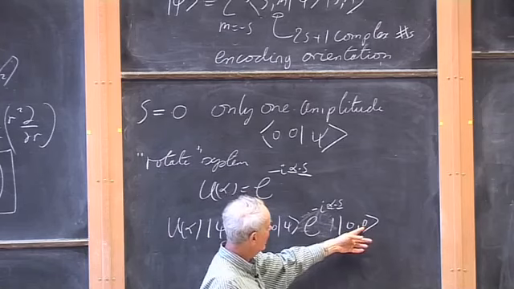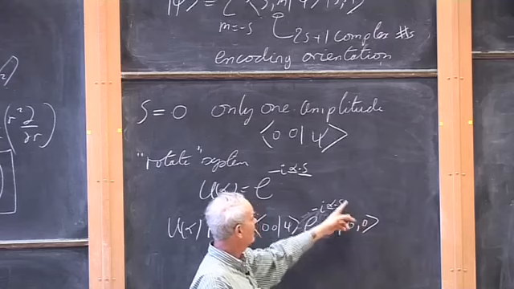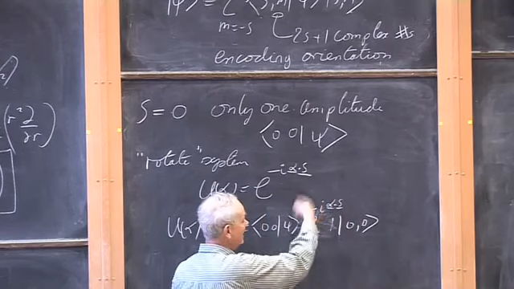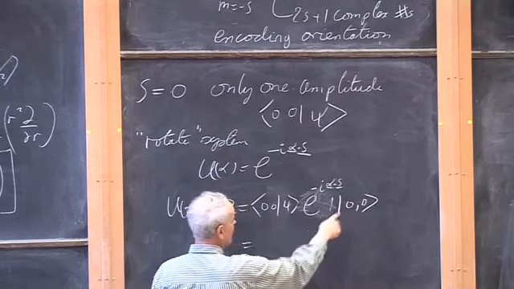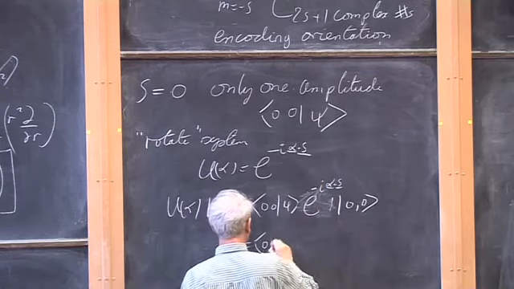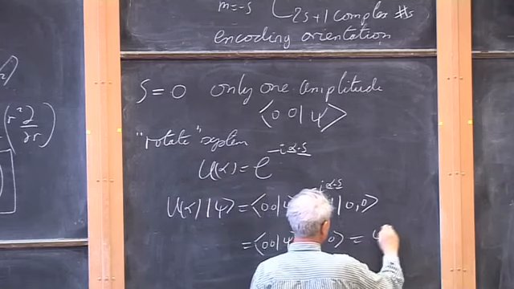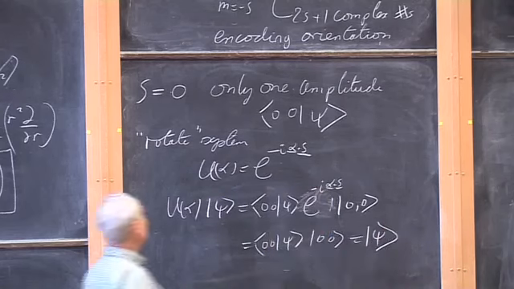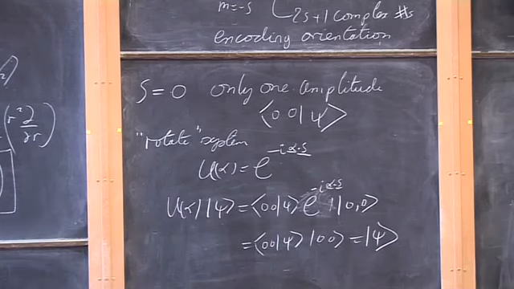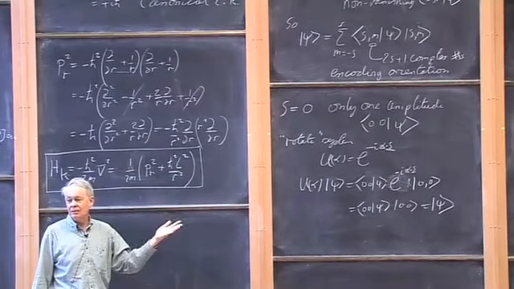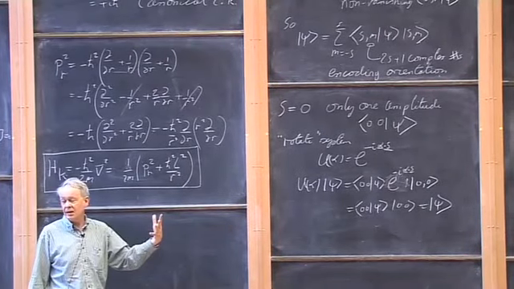So we have e to the 0, which is 1. So this goes back to itself, which is the same thing as the psi. In other words, when S is 0, you can't tell the difference between the system before you rotated it and after you rotated it. It's like an absolutely immaculate and perfect sphere. If you rotate it, it stays the same.